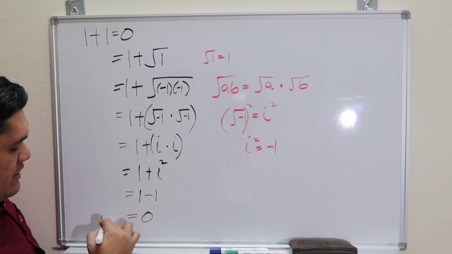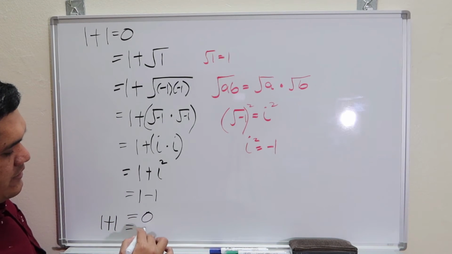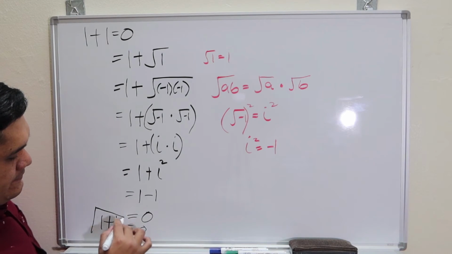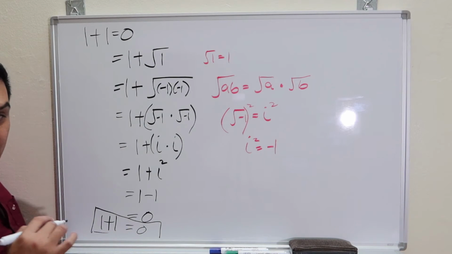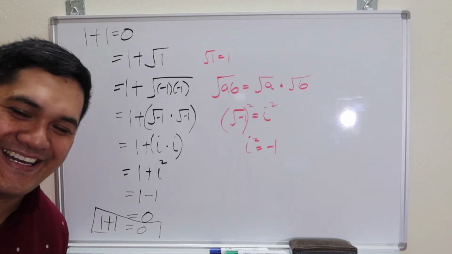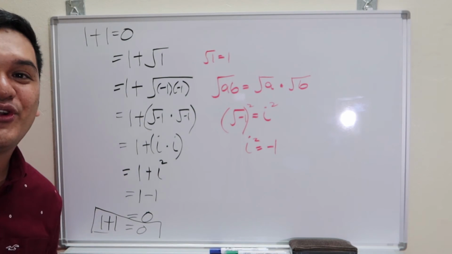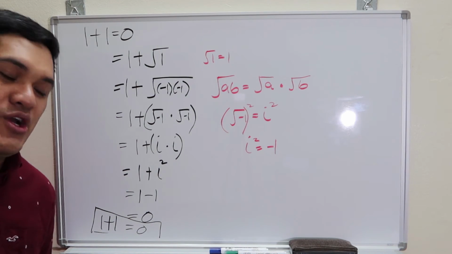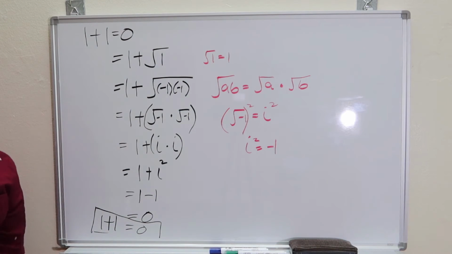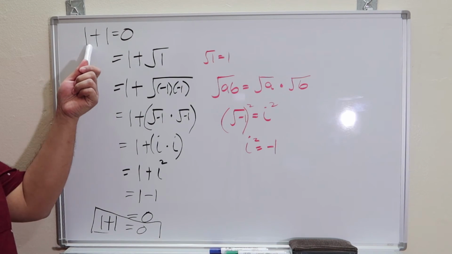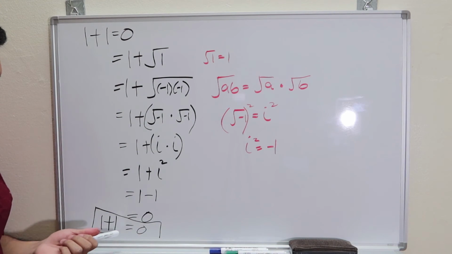Therefore, 1 plus 1 is equal to 0. See? That is our solution to prove why 1 plus 1 is equal to 0.